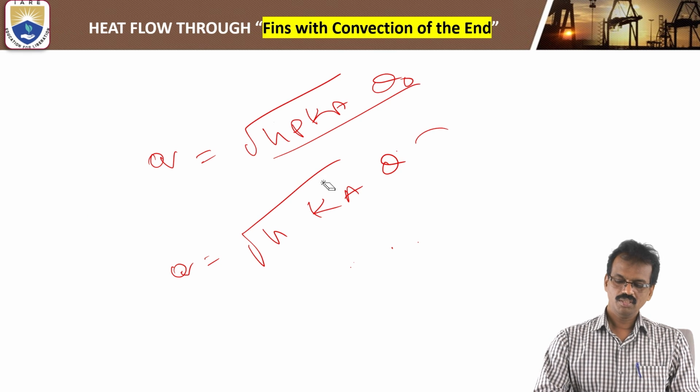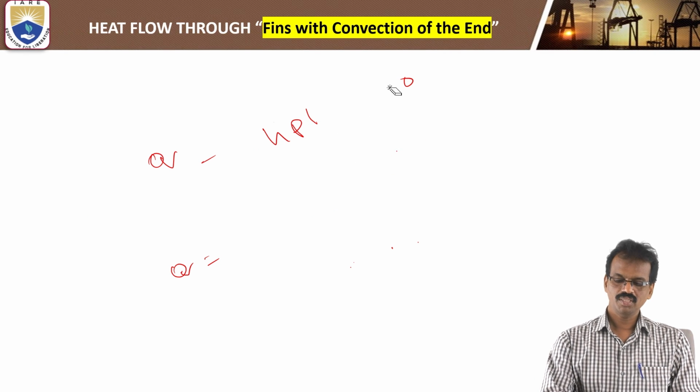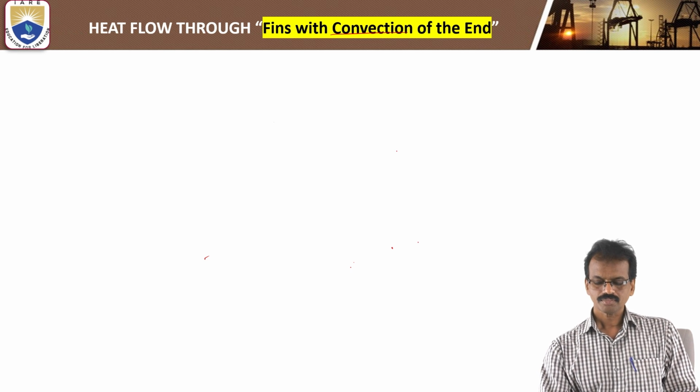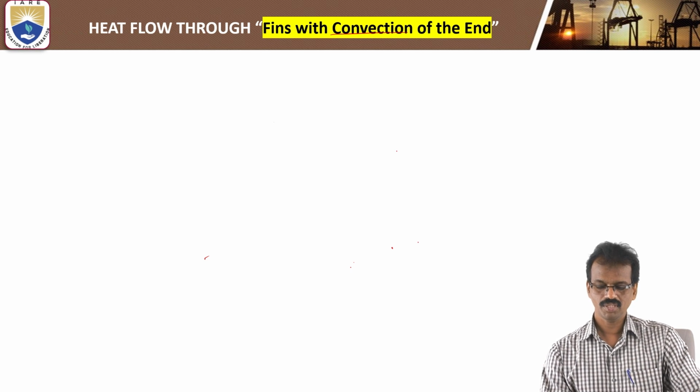Okay, we'll see the rate of heat transfer in the third pin, that is the convection at the end. At the end of the pin, the rate of heat transfer through conduction is equal to the rate of heat transfer through convection.